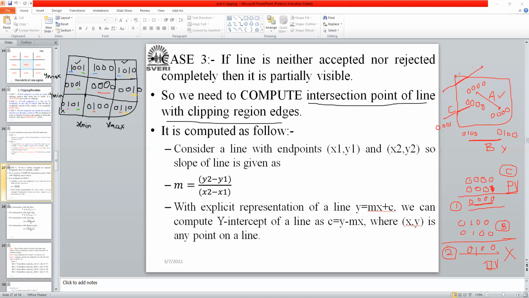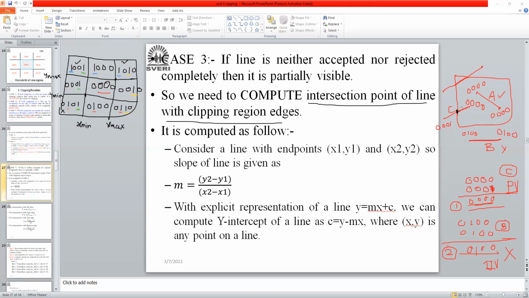Why? Because this is the last point that is visible. Because it is present on the screen, so it is the last point or farthest point which is visible as far as the clipping is concerned.